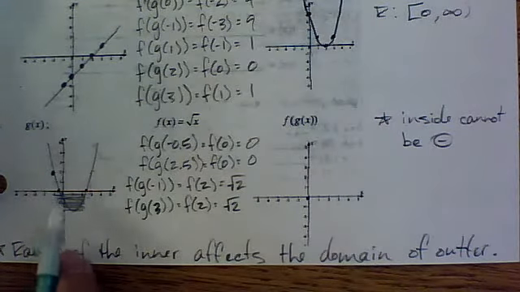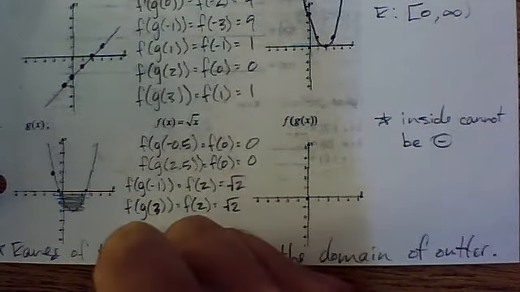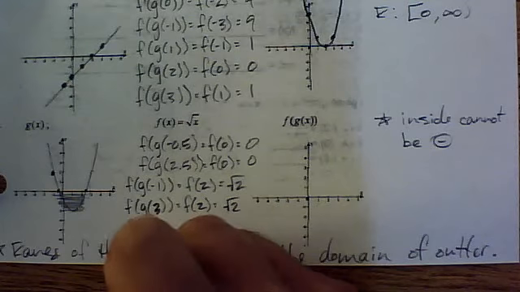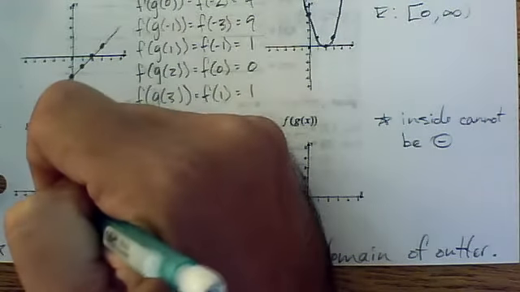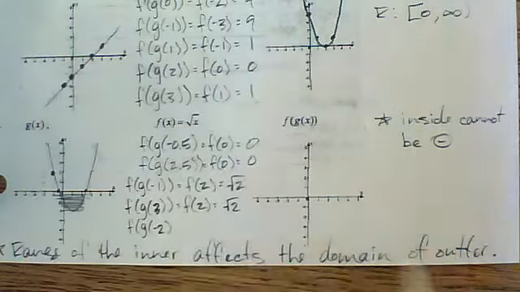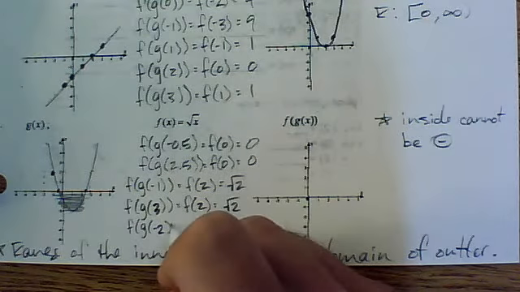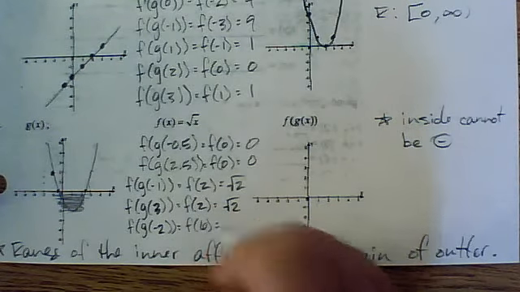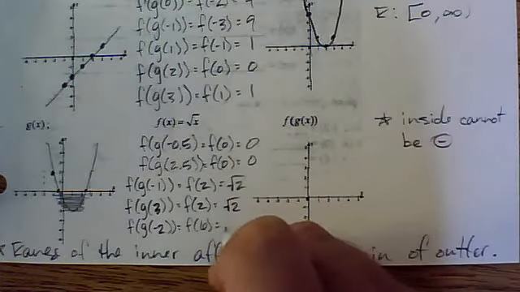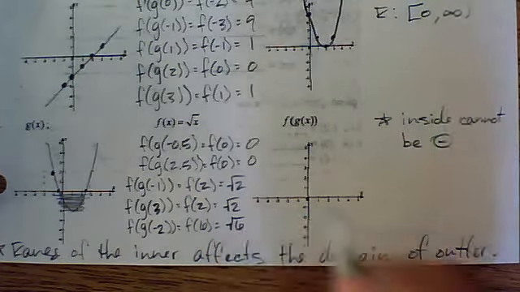Let's go ahead and choose one more on each side. So f of g of negative 2. Negative 2 comes up, we'll say that's 6. And then f of 6 would be the square root of 6, or 2 point something.